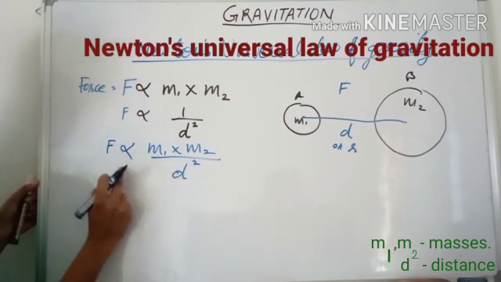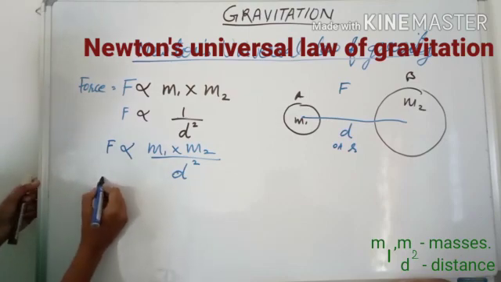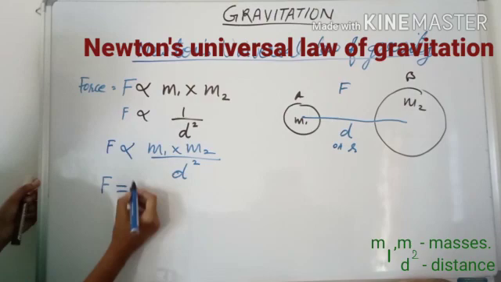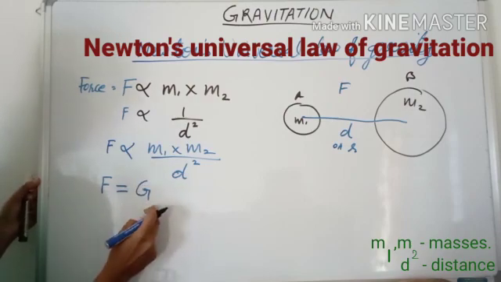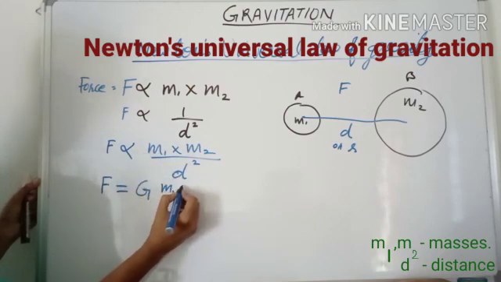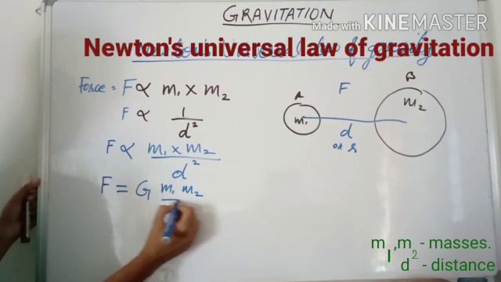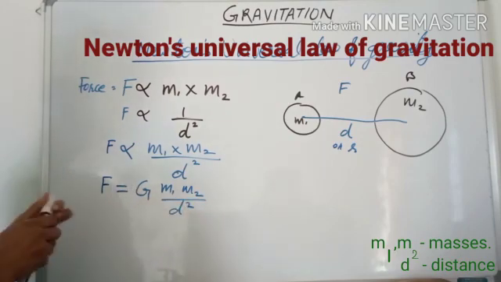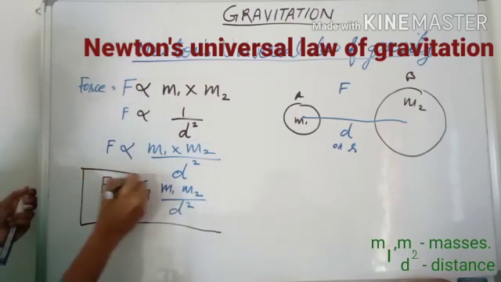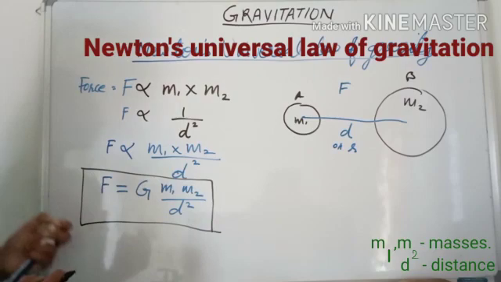Okay, now to remove this proportionality sign, we have to use an equals sign. You know how we remove this. F equals G m1 m2 divided by d square, where capital G is the universal constant. So this is the gravitational law.